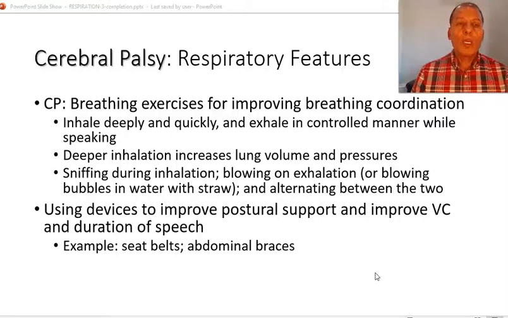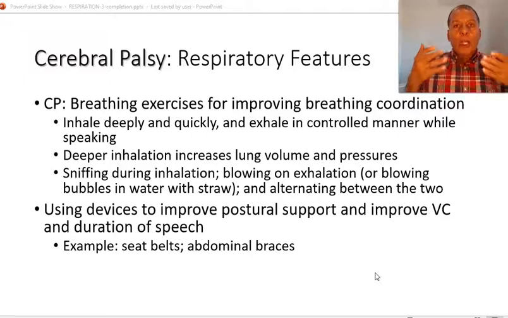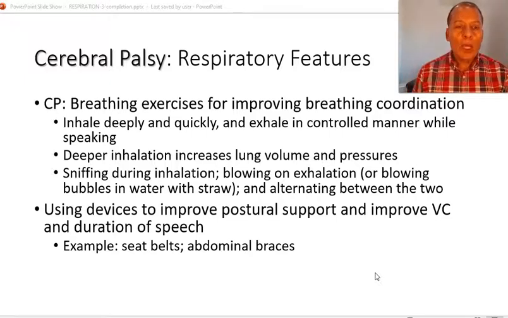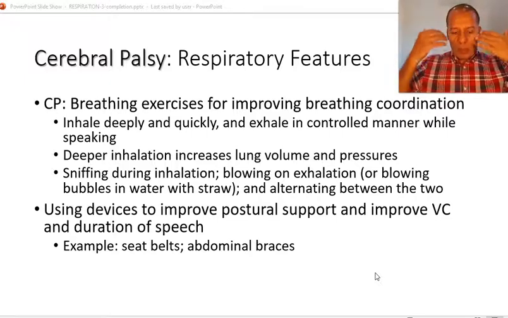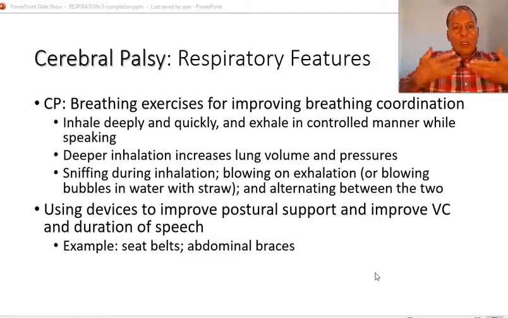One of the exercises involves sniffing during inhalation, for example, like that, to raise more awareness of the air flowing in, and also to increase the volume for inhalation.